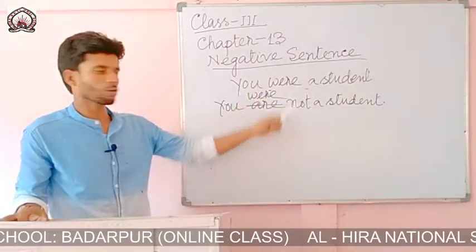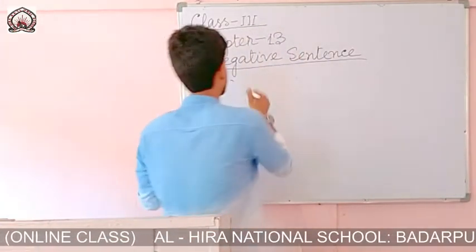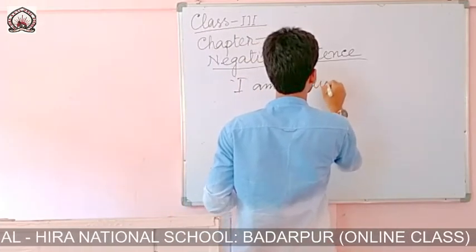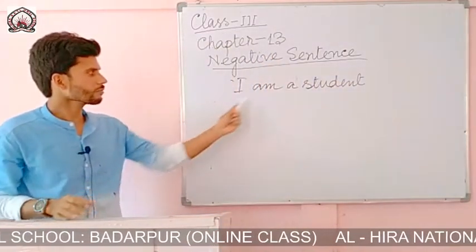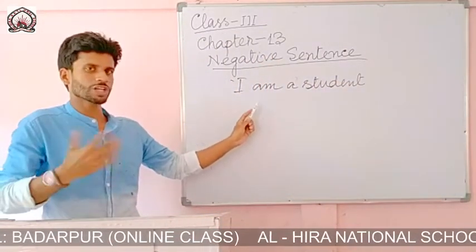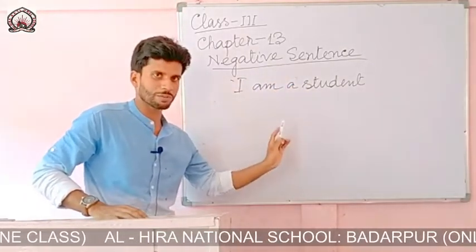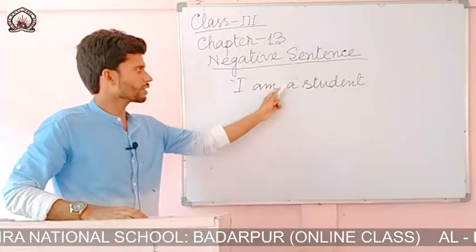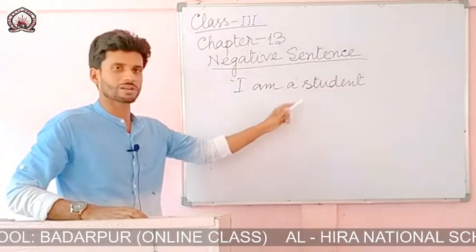Like if we write: I am a student. How to change it from a positive, affirmative sentence to negative? After am, which is an auxiliary verb, or helping verb, we shall write not.